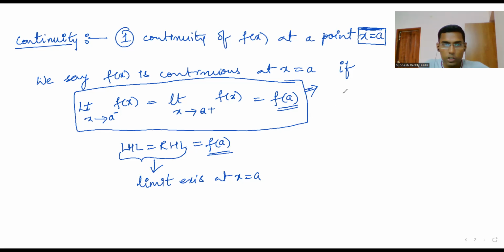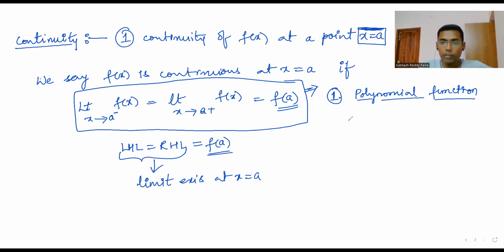first polynomial functions, because you must have learned in 11th grade that the first function is the polynomial function. What is that polynomial function?